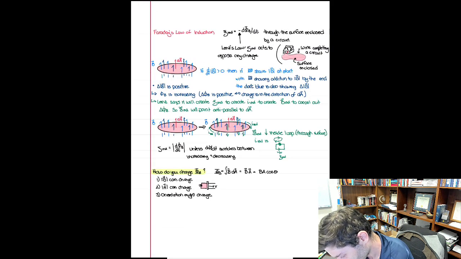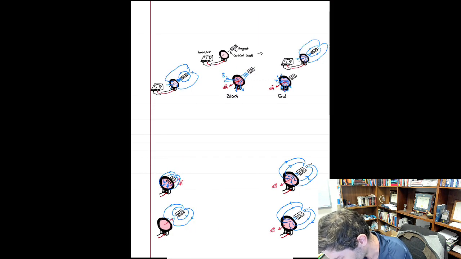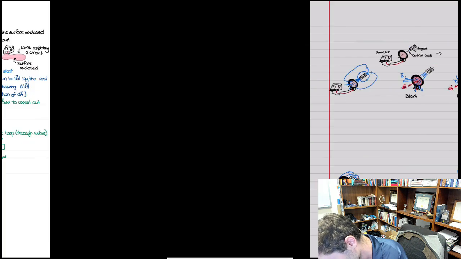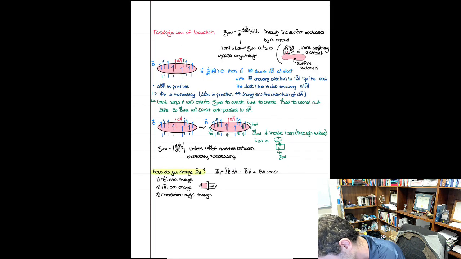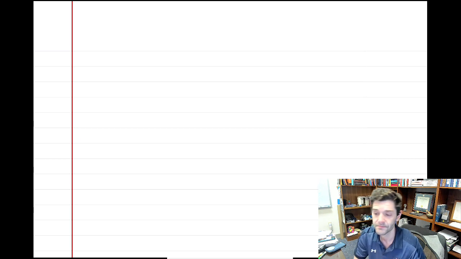So, let's see, I'm close enough to the end of the page. I'm still gonna do this. So the goal now is to do just a handful of examples. I'll do examples until I'm just blue in the face. So examples of Faraday's law.